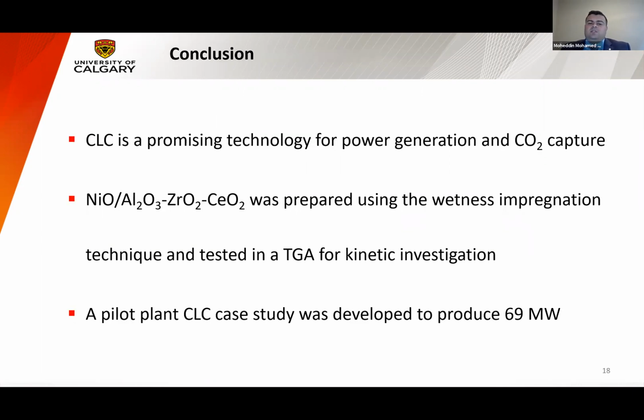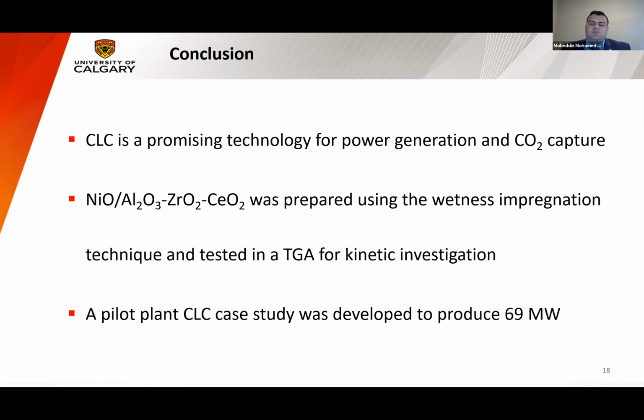At the end, CLC is a promising technology for power generation and CO2 capture. As can be seen, we can produce power while having a pure carbon dioxide stream. Nickel oxide over aluminum oxide, zirconium oxide, and cerium oxide with a 30% loading was prepared using the wetness impregnation technique, while the support oxide was prepared using the co-precipitation method.